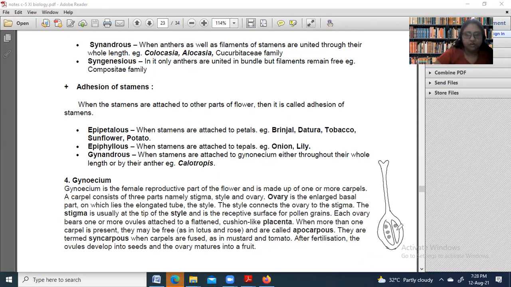These green dots are ovules, and each ovule is attached with the ovary wall via a thin structure which is called placenta. Have you ever heard about the word placenta in your life?